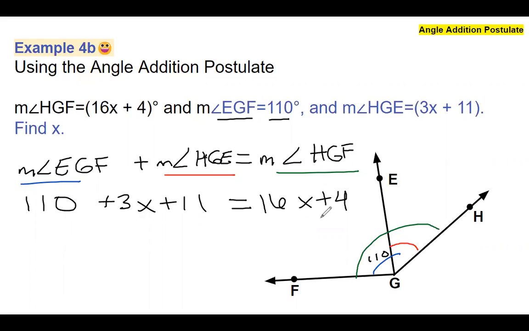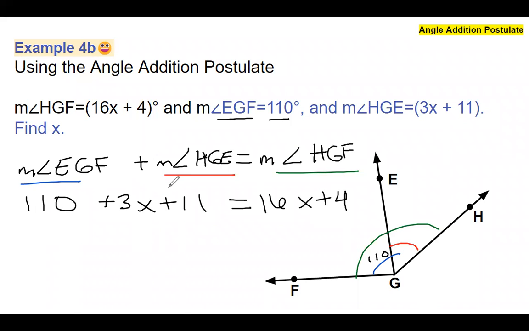Danny, okay. So what is my next step? Now that I substituted all my values, I constructed and wrote down my angle addition postulate. What do I do next? So we simplify, so we're going to go ahead and combine like terms.